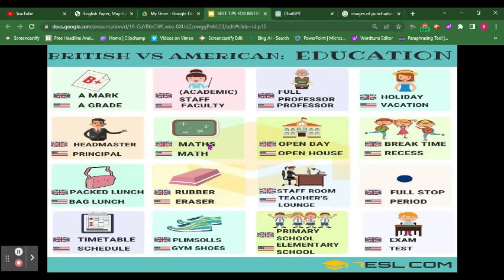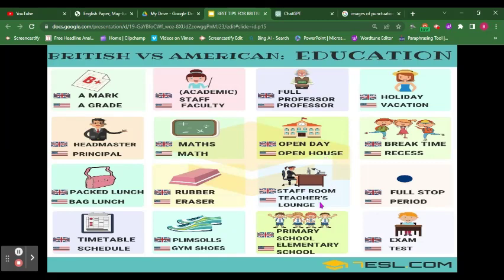Maths, British, math, American. Rubber, British, eraser, American. Plimsolls, British, sneakers, American. Full professor, British, professor, American. Open day, British, open house, American.